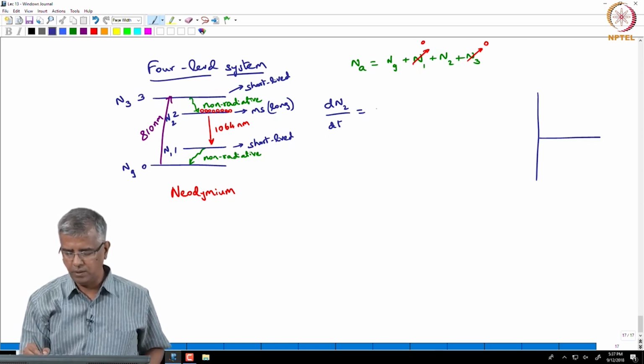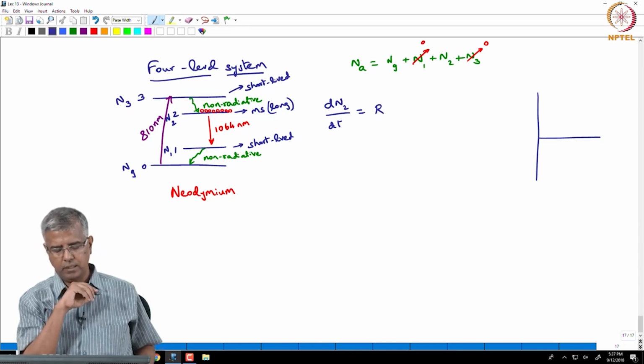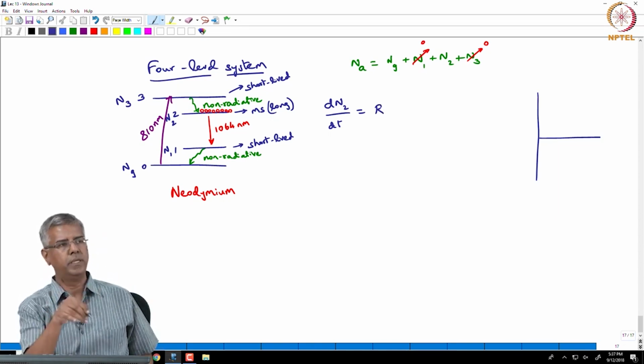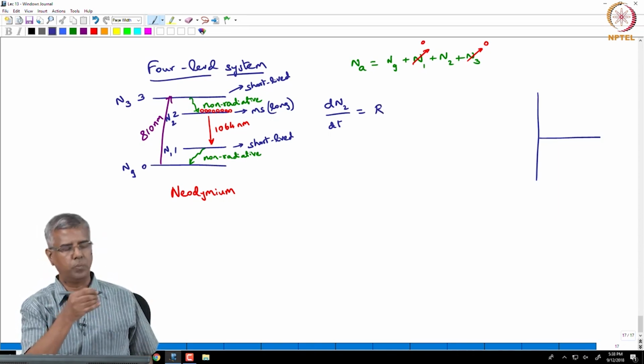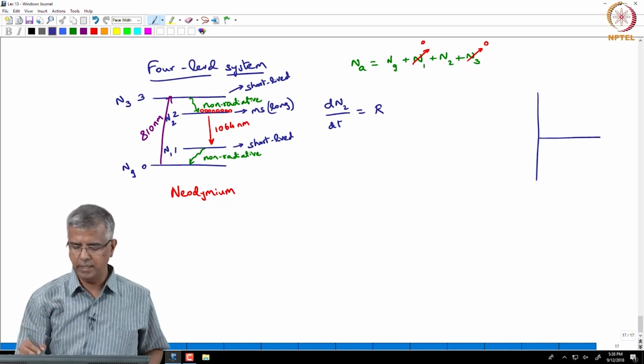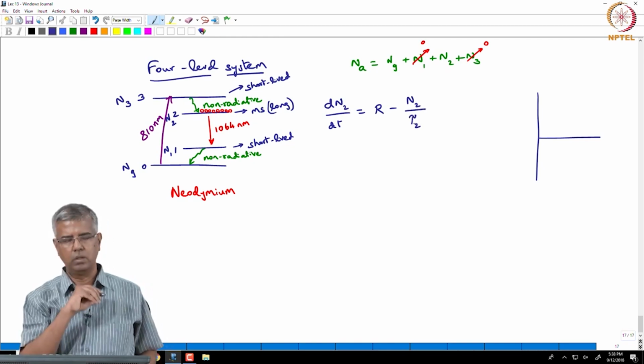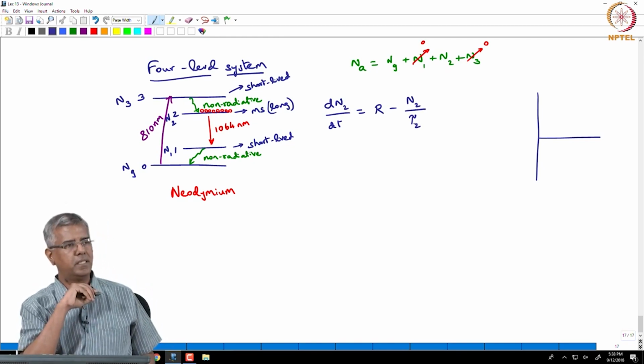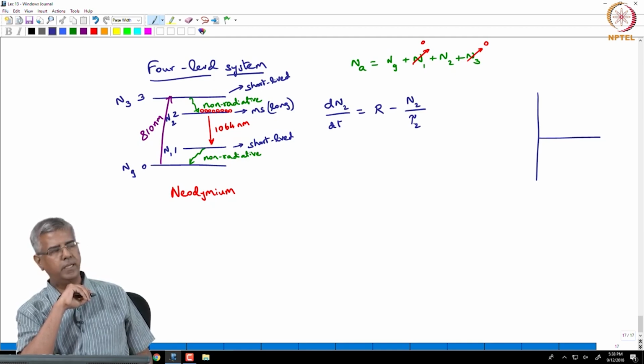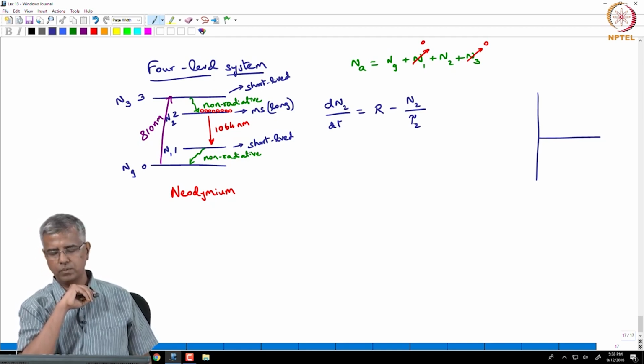That is going to depend on the rate at which N 2 increases as you increase your pump rate, right, but it will decrease due to spontaneous emission from energy level 2, okay.